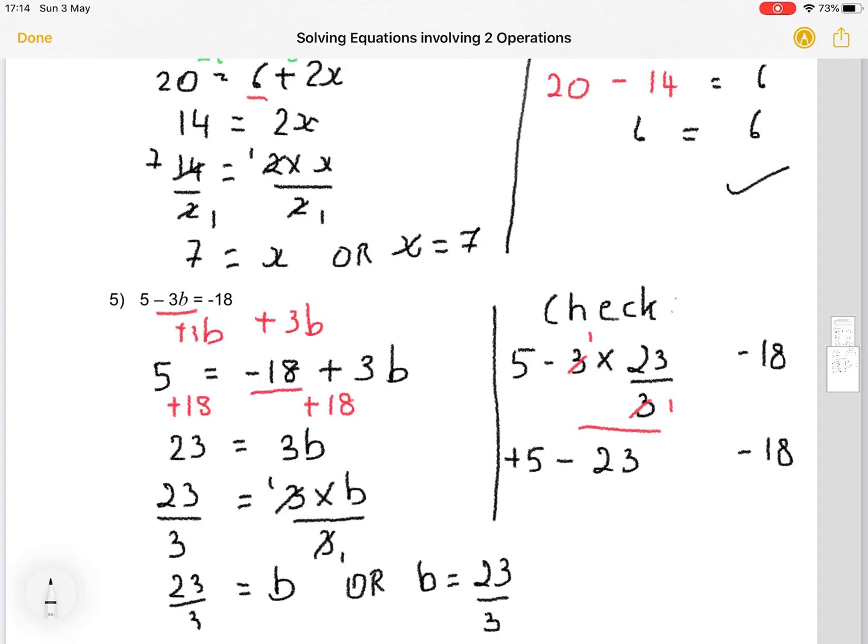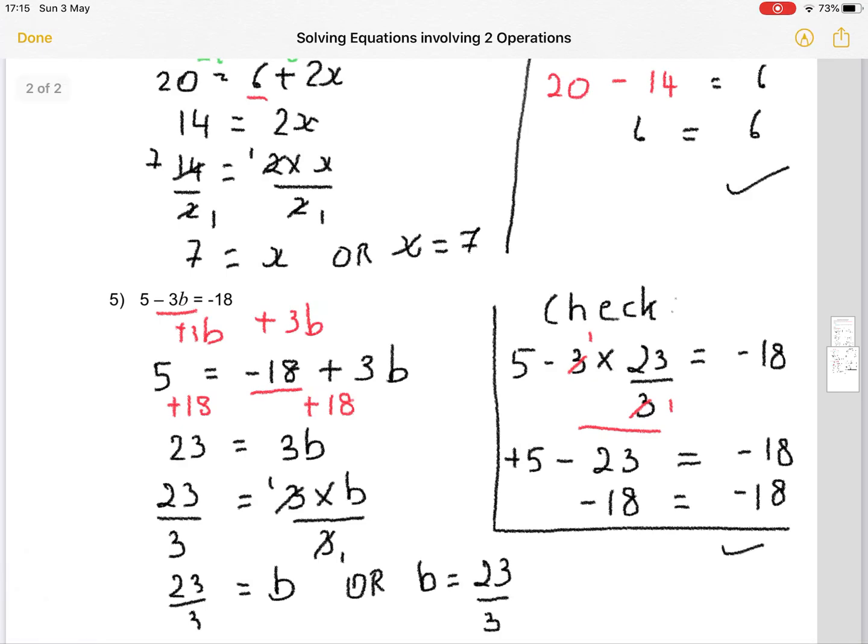In front of the 5 there's a positive sign, so I have 5 euro in my pocket. I owe 23 euro, I give back those 5 euro, but I still need to give back 18 euro, so negative 18 on the left and negative 18 on the right. Since the left-hand side is equal to the right-hand side, my answer is correct.